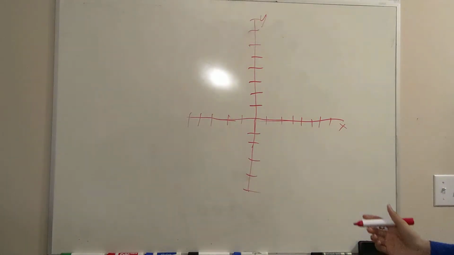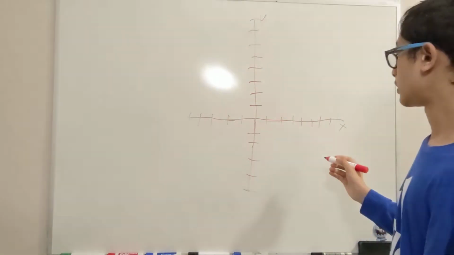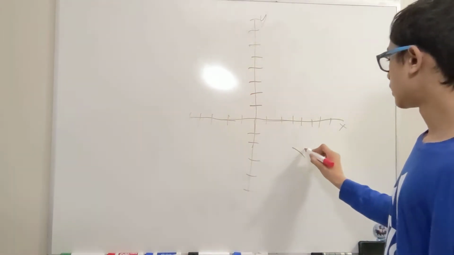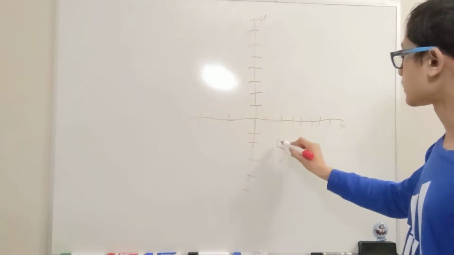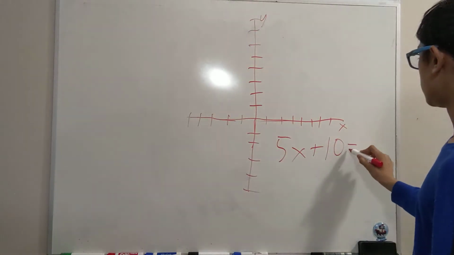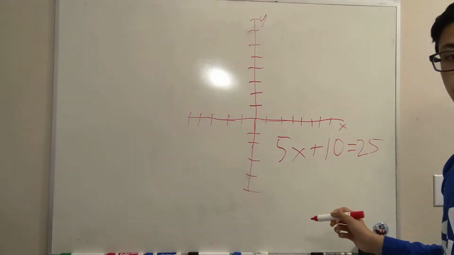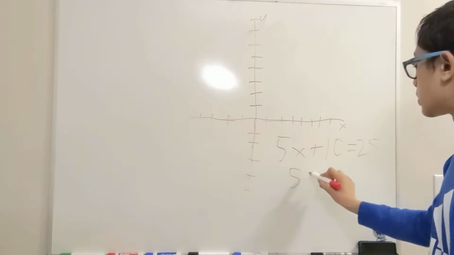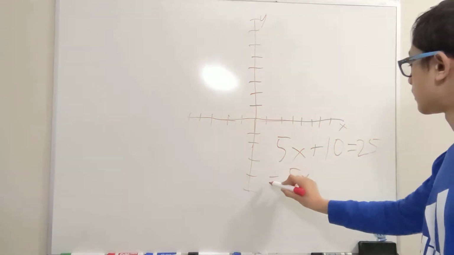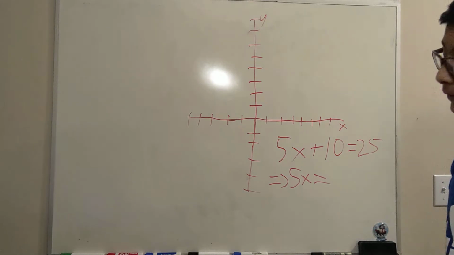So, what was our linear equation? Basically, let's write 5x plus 10 equals 25. Solving for this, first, what do we do? We subtract the 10. 5x equals 25 minus 10, 15.